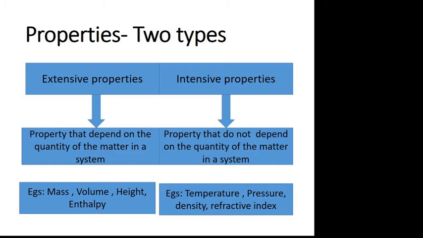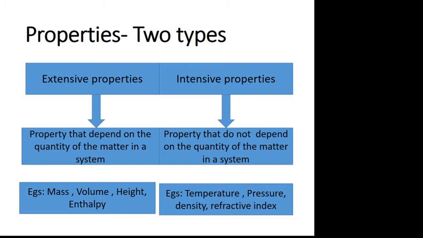That is, one part will have 25 ml, another part will also have 25 ml. So the volume has reduced from 50 ml to 25 ml. So the type of properties which depend on quantity of the matter, we call extensive property. Those which do not depend on quantity of the matter, we call intensive property.